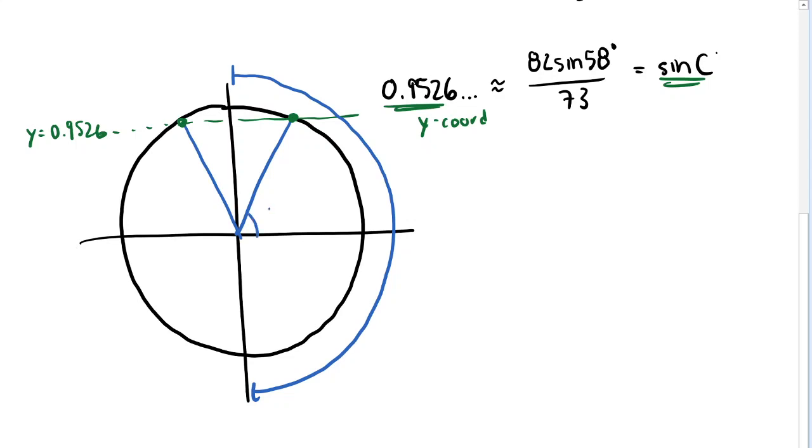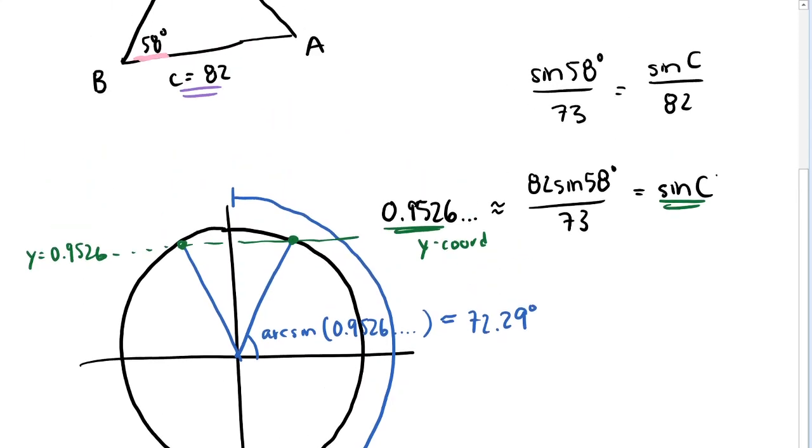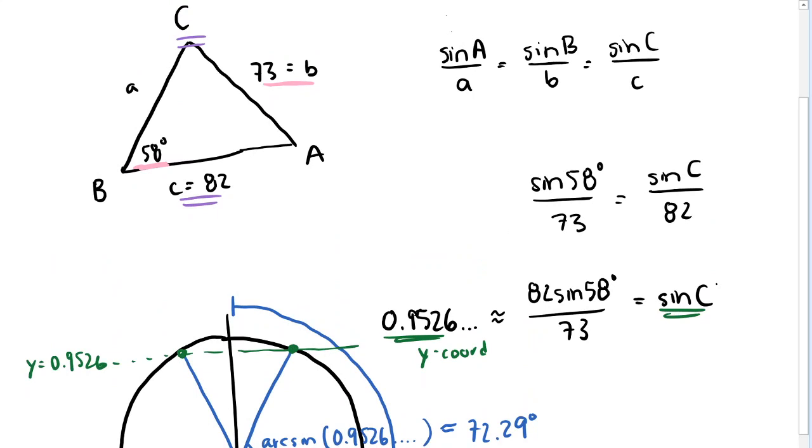So this angle here is going to be arc sine, or sine inverse, of 0.9526, and so on. You want to use as many decimal places as you can to get the most precise value possible. This gives us approximately 72.29 degrees. And so what happens when we use this angle for C?